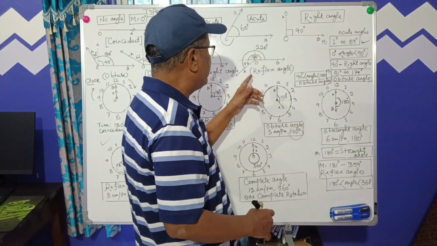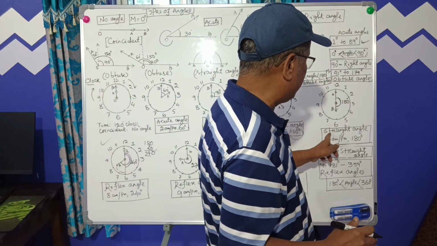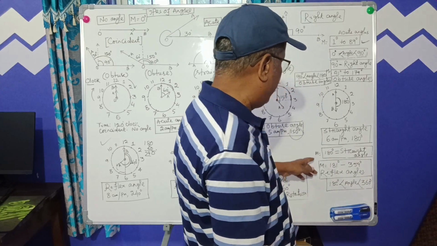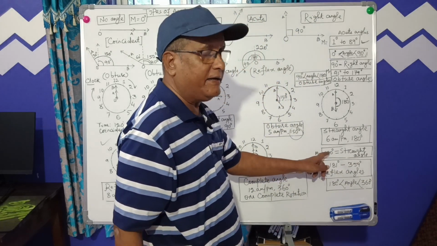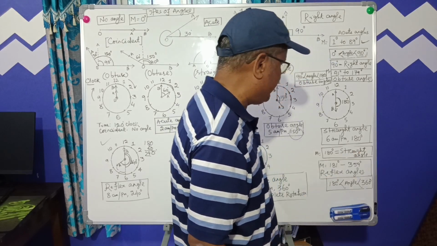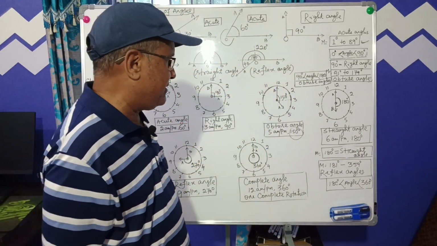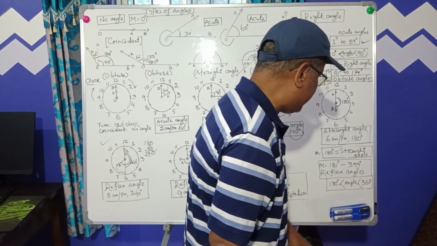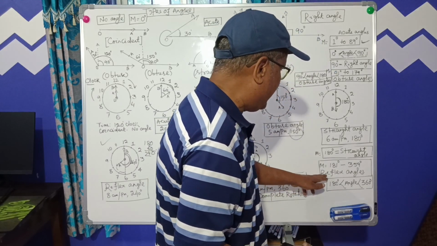And whenever it is 180 degrees, that is called a straight angle. You see, a straight angle is 180 degrees. Then when the measure of the angle is greater than 180 and less than 360, these angles are called reflex angles.